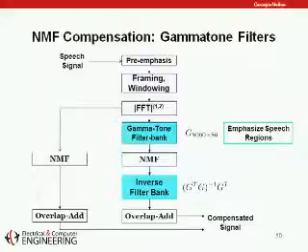Okay, coming on to your point, which I think Mike asked. This is right now my NMF compensation framework. What I do is pre-emphasis, framing, windowing, in either a magnitude or a power domain. Then I can apply the NMF processing on the Fourier frequency channels, or apply the same processing in the gammatone filter bank, and then reconstruct by applying an inverse transformation. There are different flavors of this algorithm.